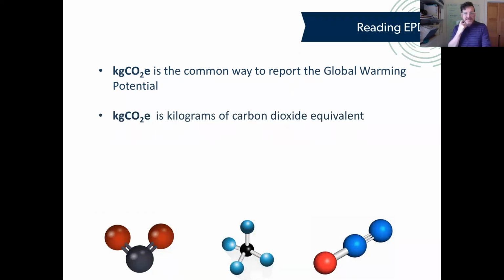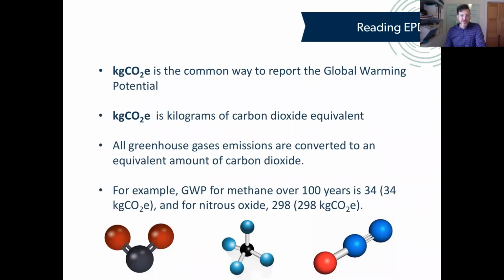CO2e means that all the emissions that have happened in the generation of that product are being normalized to a volume of CO2. So what that means is if a bunch of methane was emitted, methane is 34 times more potent a greenhouse gas than carbon dioxide. So 1 kilogram of methane would translate to 34 kilograms of CO2e.